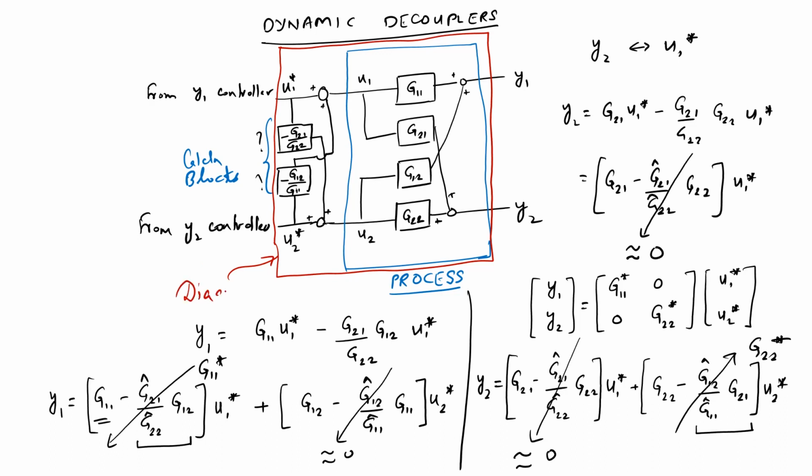Diagonal meaning decoupled. Actually, it's nearly diagonal, not exactly diagonal, because of plant model mismatch.